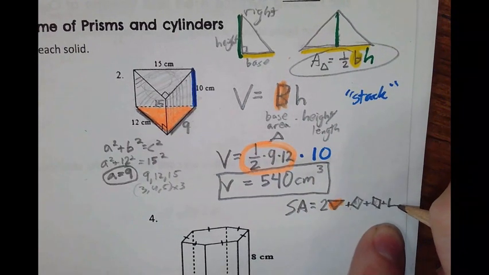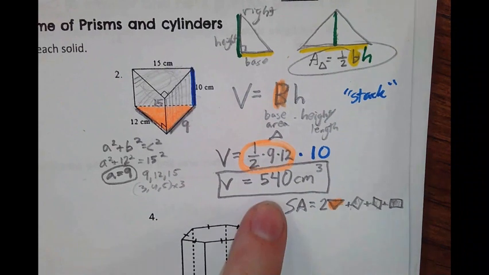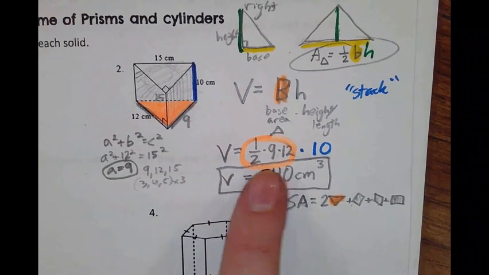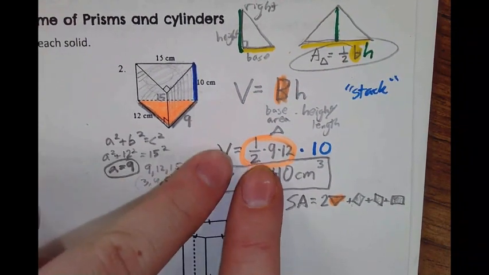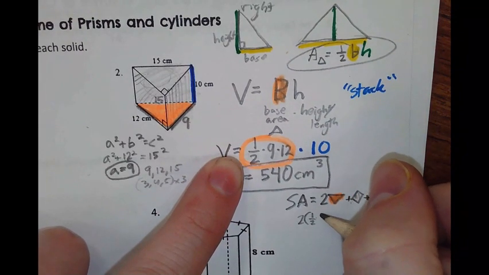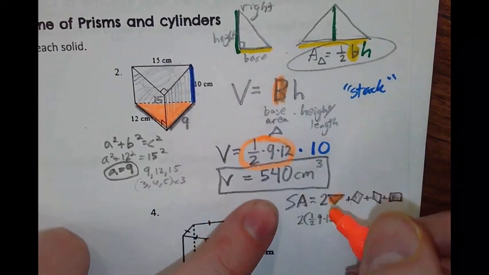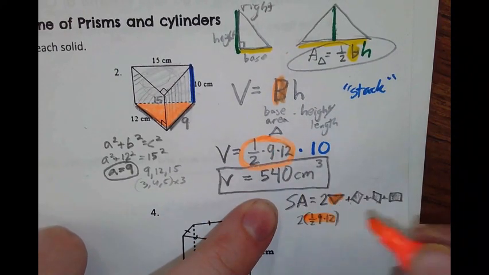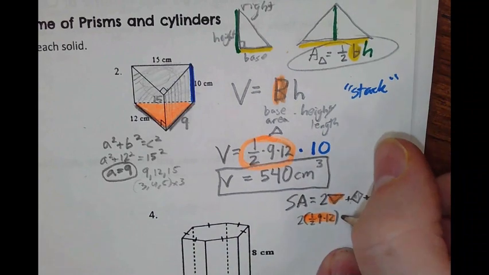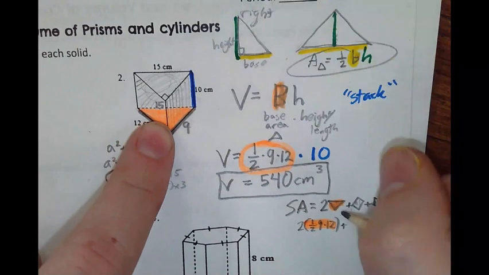So I'm going to go ahead and organize my work like this. Okay, we just calculated the area of two triangles. Actually, I kind of missed it here, but it's going to be 2 times 1/2 times 9 times 12. Remember the area of those two triangles is right there. We also have for this shaped rectangle right here, a 9 by 10.